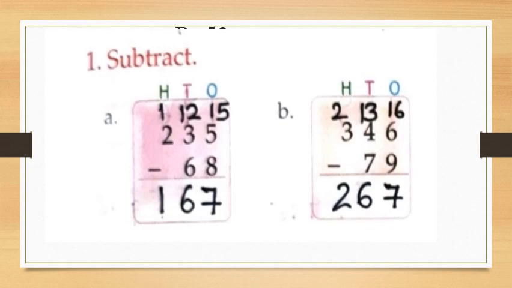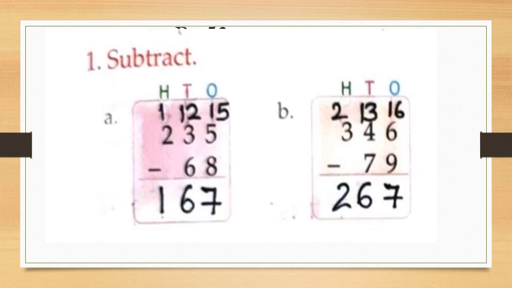Children, at ones place you can't subtract 8 from 5. So you will borrow 10 from 3 tens to make 2 tens and 15 ones. Now children, 15 minus 8 is 7.